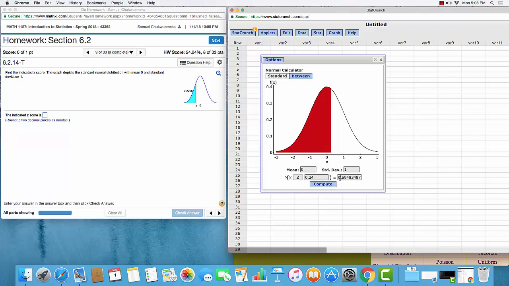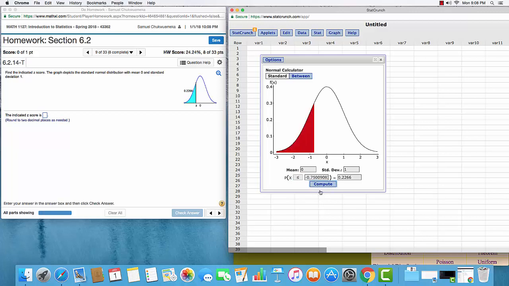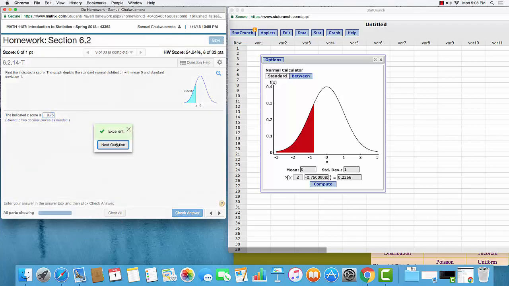So what you do is just come here and type in 0.2266. That is the probability. And this is to the left. If it's to the right, then you change it. But this is to the left, so you leave it like this. And just press compute. So the z-score here is negative 0.75. Okay.